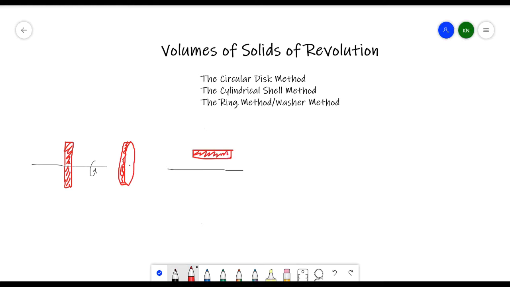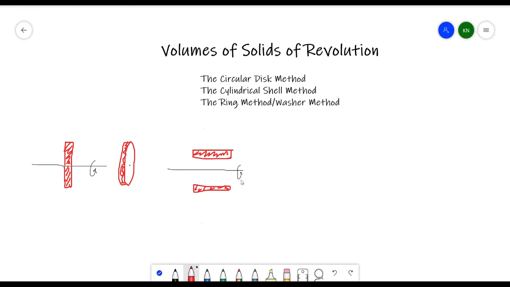If we rotate our strip around this axis, we also have a strip here below, and that will form a cylindrical shell.